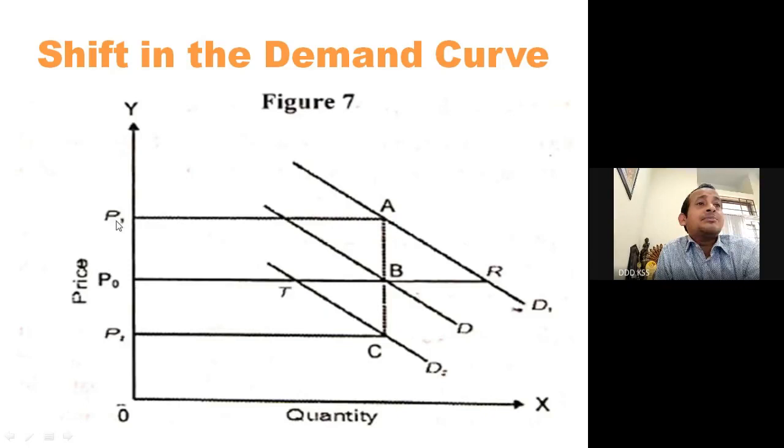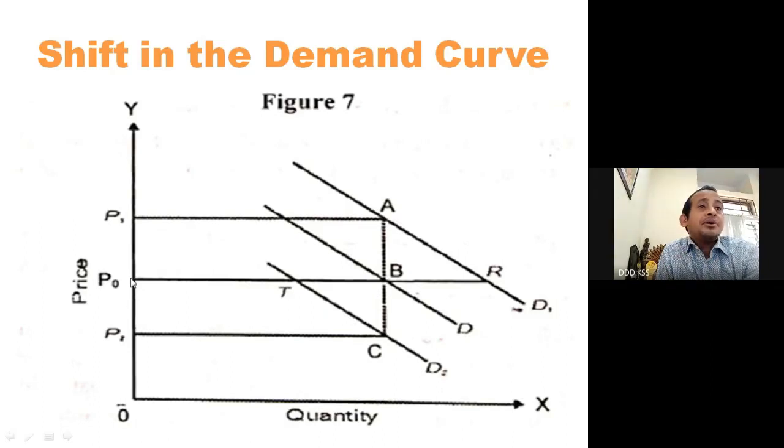Now in case price increases to P1, and if the consumer income changes, this may happen due to the consumer's increased taste, preference, habit. Okay, assuming that consumer income has increased, the consumer may buy the same amount of good with the increased price.